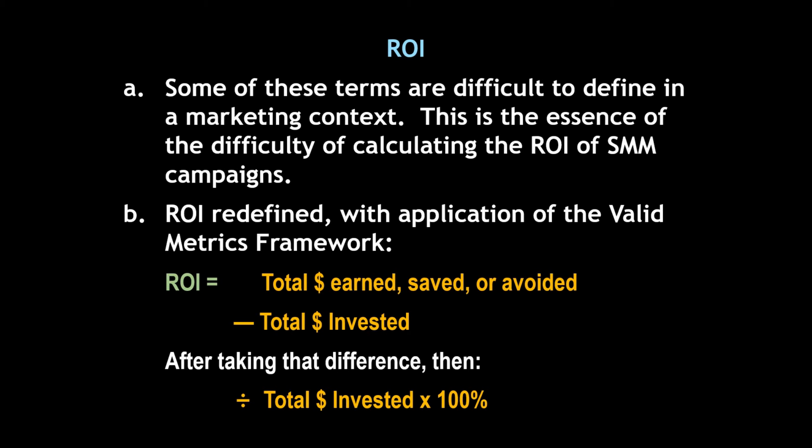And then once you take out money invested, your expenses and all that sort of thing, then you have your net income or net profit. Once you've taken that difference, then you want to divide that number by the total amount invested and then multiply by 100. And then that percentage would be your return on investment.